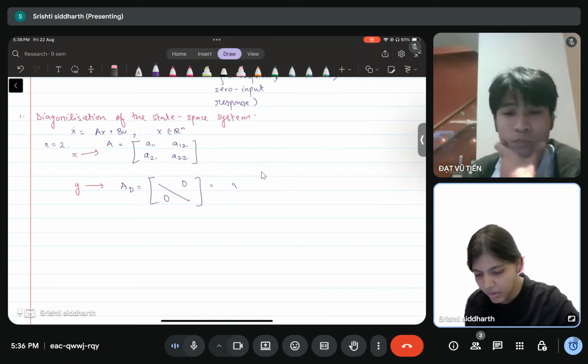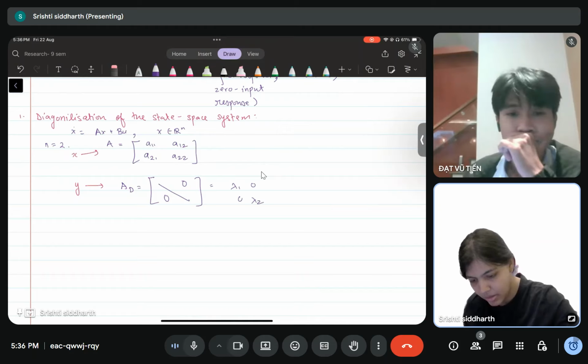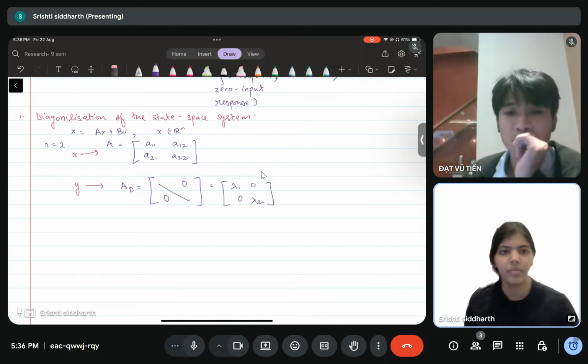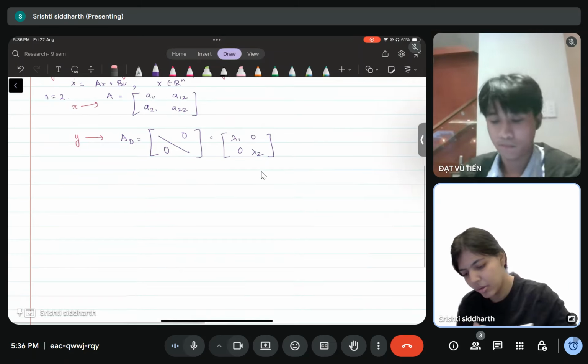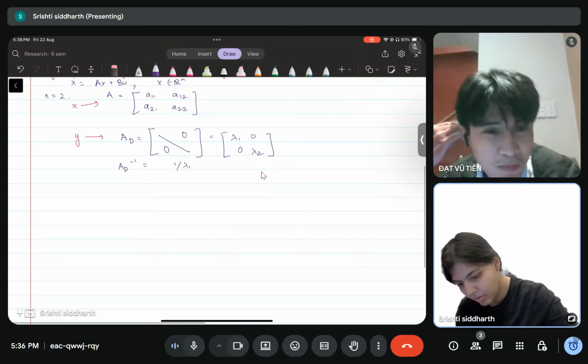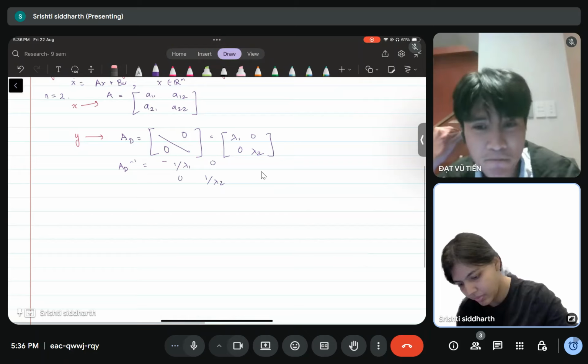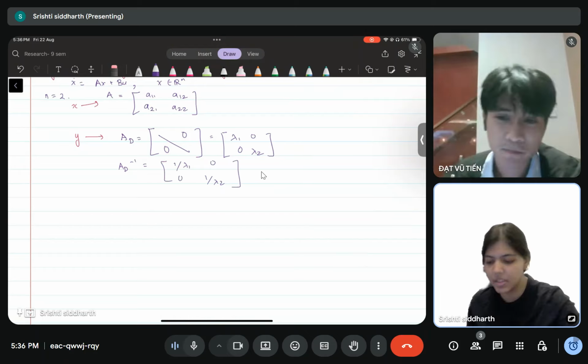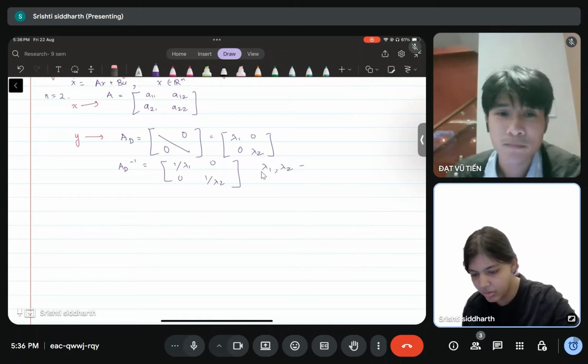We want these non-zero entries to be eigenvalues of the system. In that case, you can also see that the inverse is simply 1 over lambda 1, 1 over lambda 2, in case lambda 1, lambda 2 are not zero.